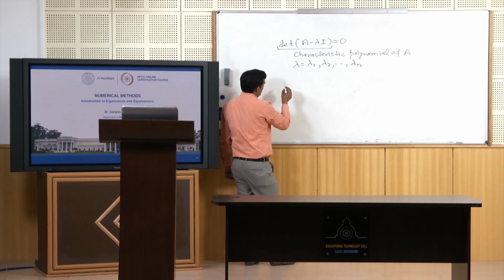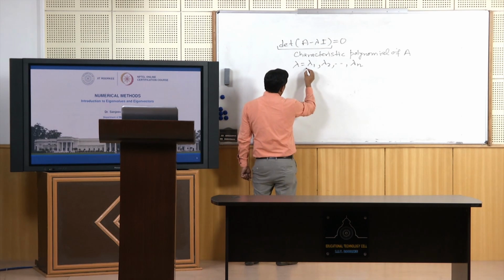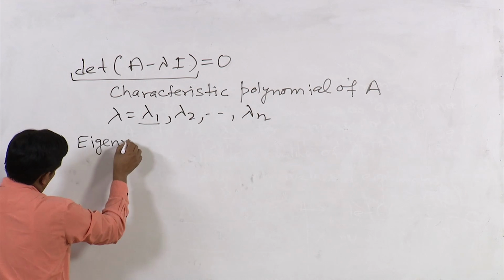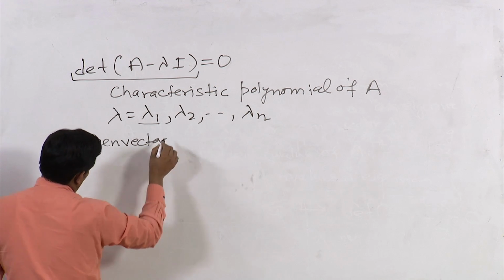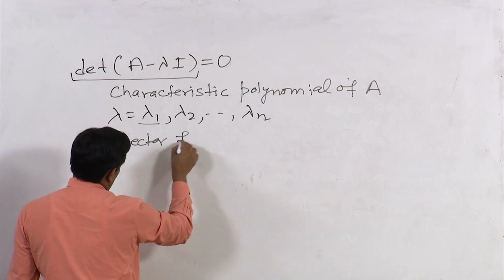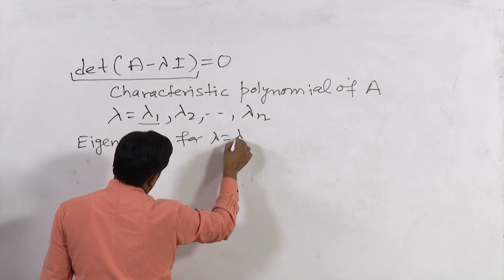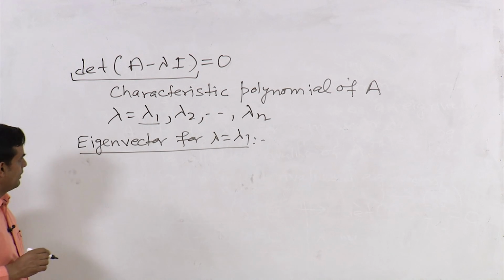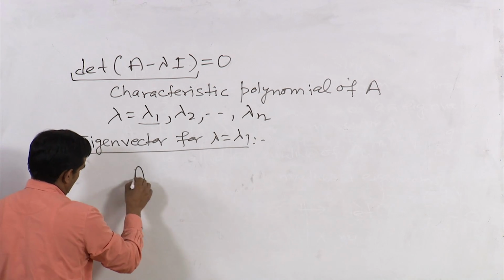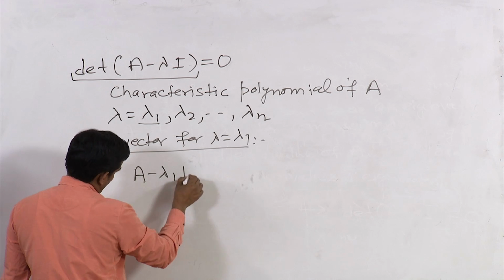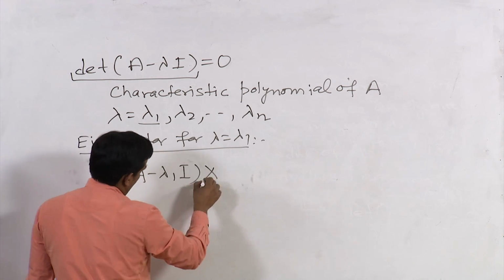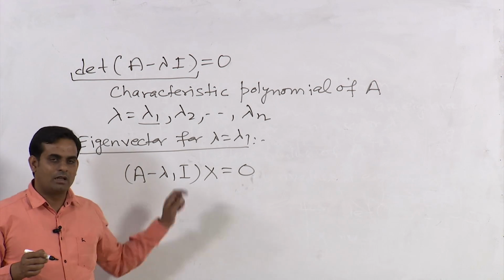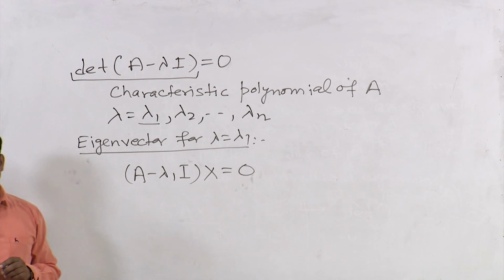So, the eigenvector corresponding to the eigenvalue lambda equals lambda 1 can be calculated just by solving the homogeneous system of equations (A minus lambda 1 I) x equals 0.